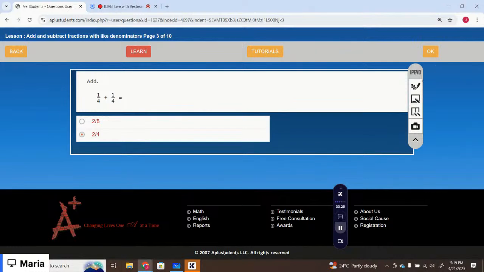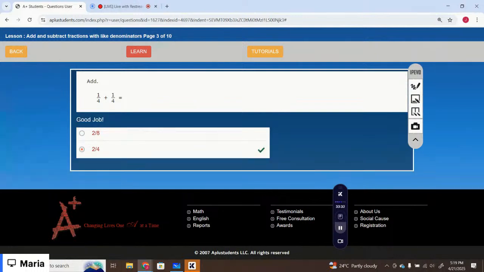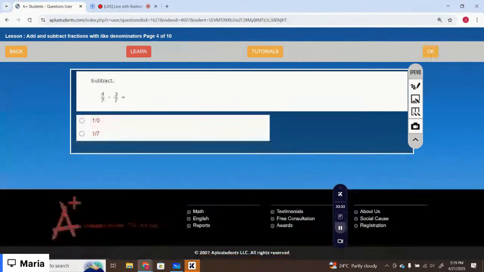You just have to add the numerators. Denominator is same, so that is 2 by 4. Very good. Next, 4 by 7 minus 3 by 7.